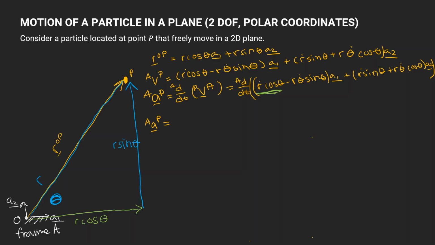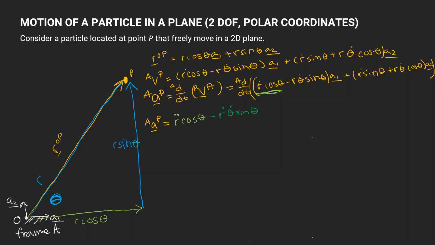All right, so we're going to use the product rule here as well as chain rule again. So we have the derivative of r dot is r double dot. I'm going to multiply that by cosine theta. And now we use the chain rule, and we will get r dot theta dot sine of theta.